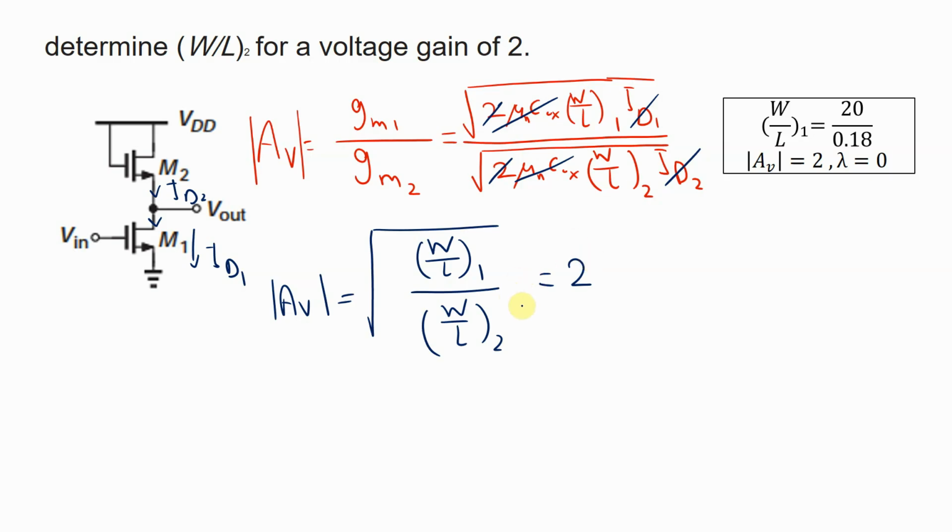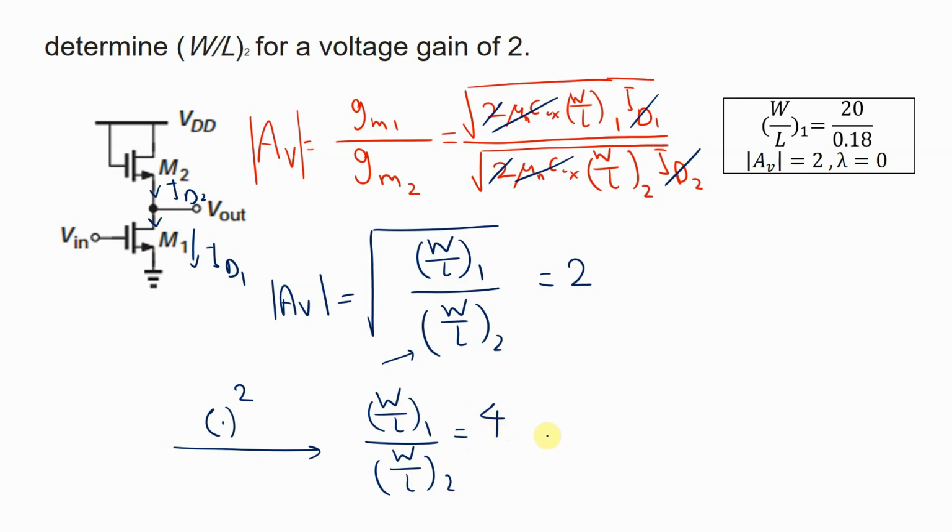And now we can calculate this W over L2 by taking the power of 2 for both sides of this equation. Take both sides to the power of 2. Here we have W over L1 divided by W over L2 equals 2 to the power of 2, which is 4.